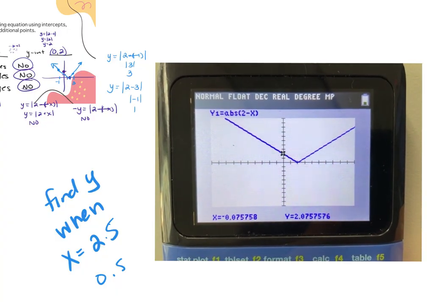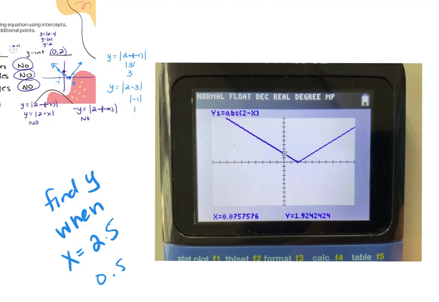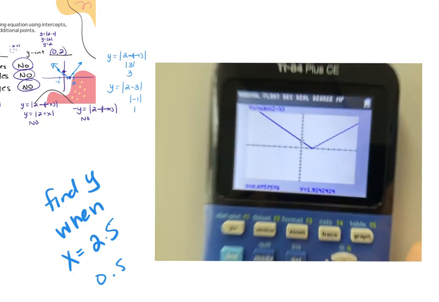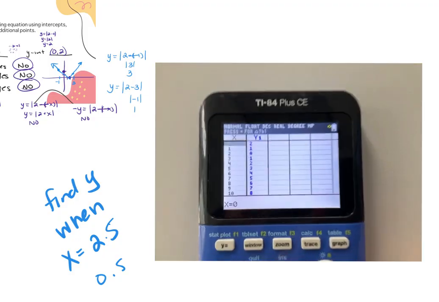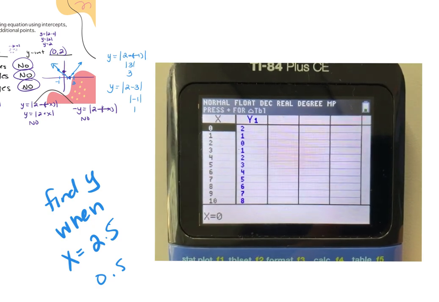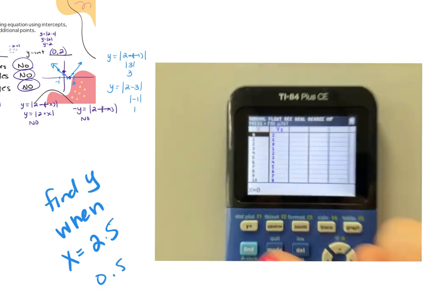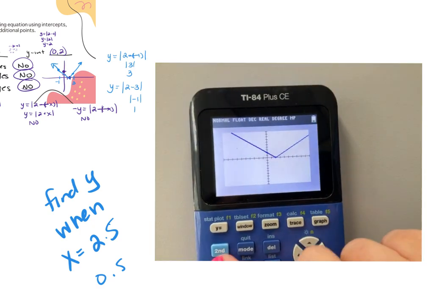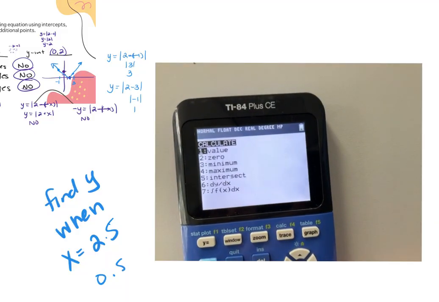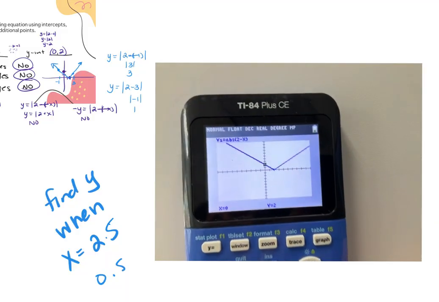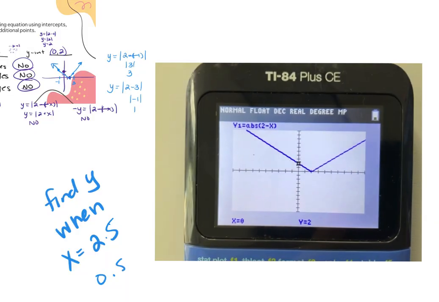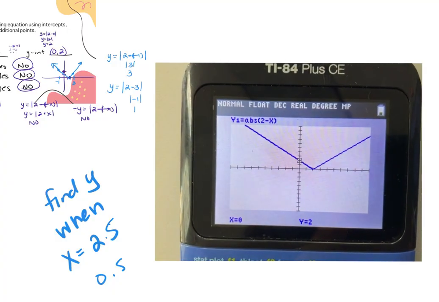But it goes between 2.07 and 1.92. So the other way to confirm it is that table. Second table. When x is 0, y is, or I could go back to the graph. Second trace, value 0. So when x is 0, my y is 2.